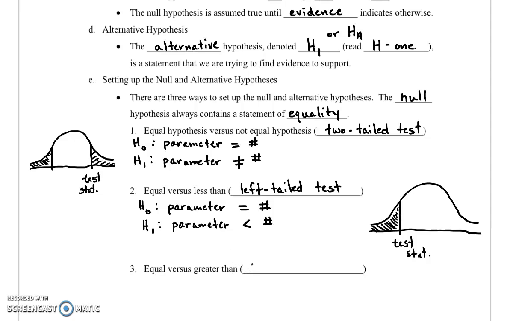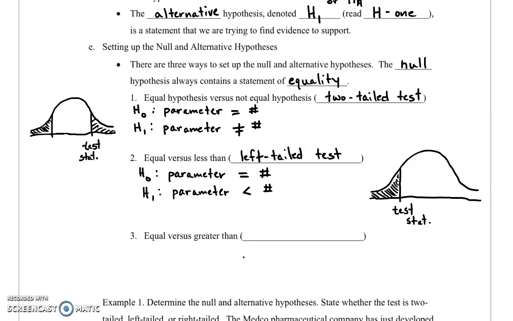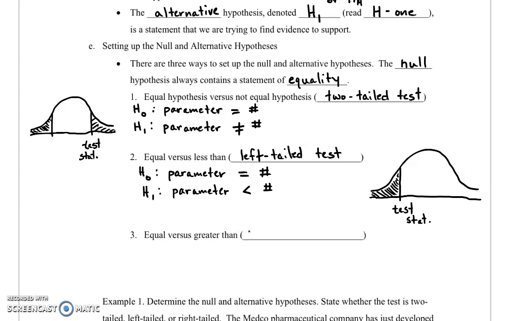The third option is equal versus greater than. So this one is a right-tailed test. And hopefully by now you know that H naught is always the parameter equals a number.